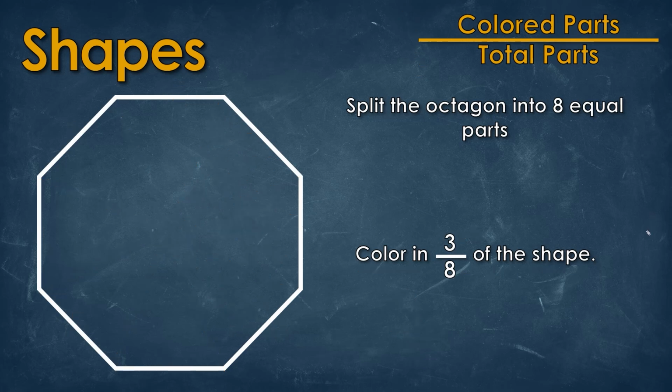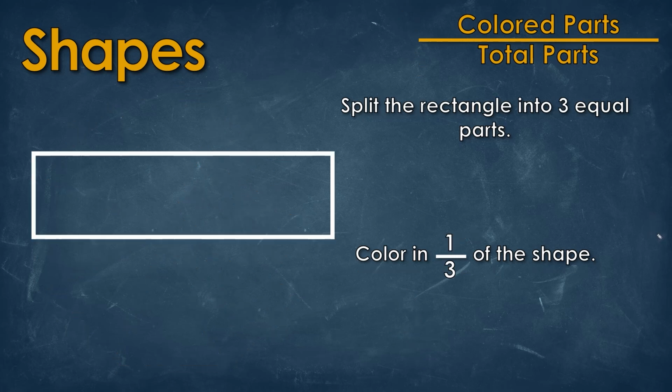Let's move on. Okay, let's try this example. This one is saying we have a rectangle, and we need to change that rectangle into 3 equal parts. Well, if I put a line right in the middle, I separated it into 2, and if I separate it here, we got 3 parts, right? 1, 2, 3, but they're really not equal.